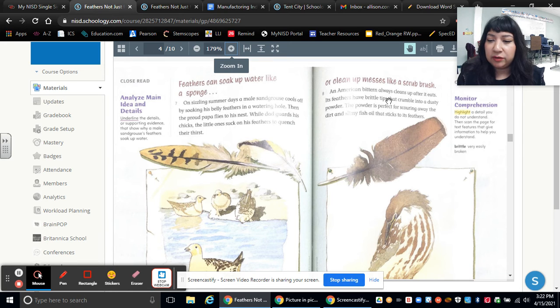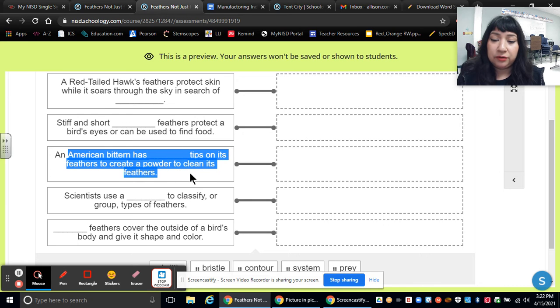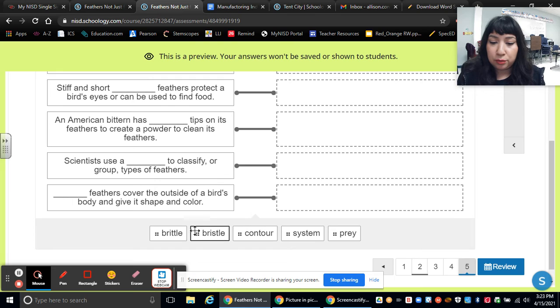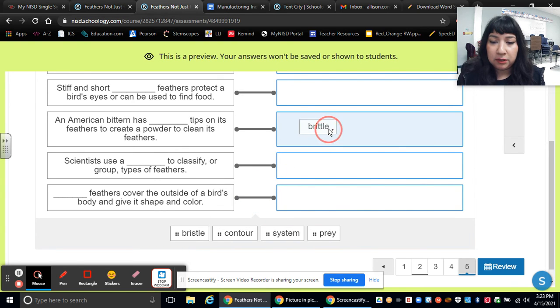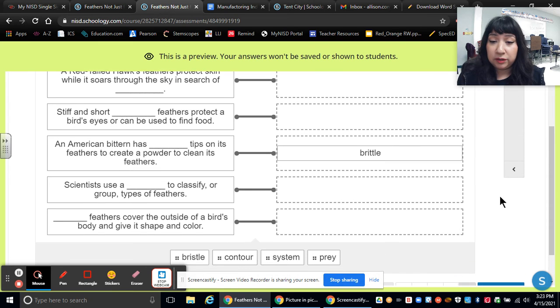Its feathers have brittle tips that crumble into a dusty powder. That's a match, right? Same kind of bird, same description of how they use their feathers. So, brittle, make sure you're not picking bristle. Brittle tips.